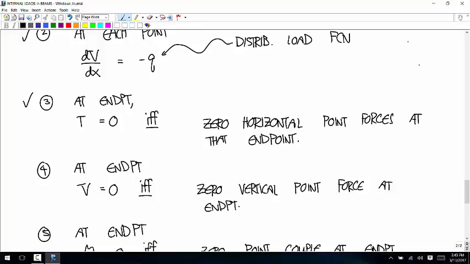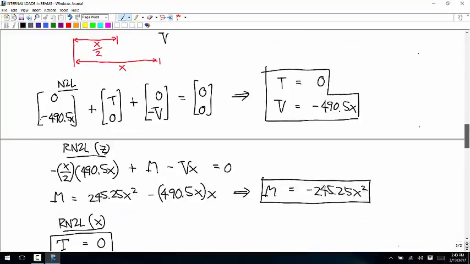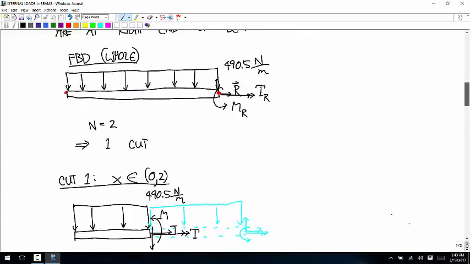Okay, so shear force is equal to 0 if and only if there's no vertical point force at the left end. Is there a vertical point force at the left end? This is a little trickier one. It's important that we think about it point by point.